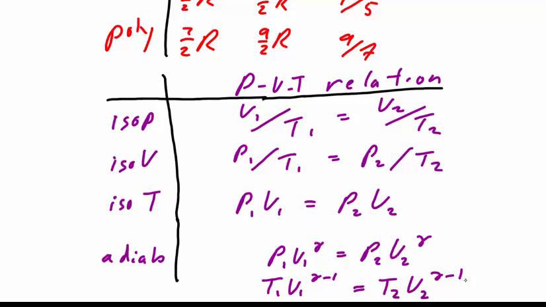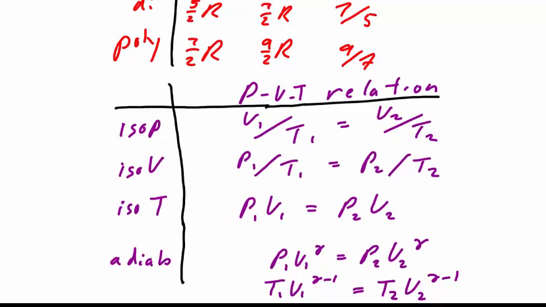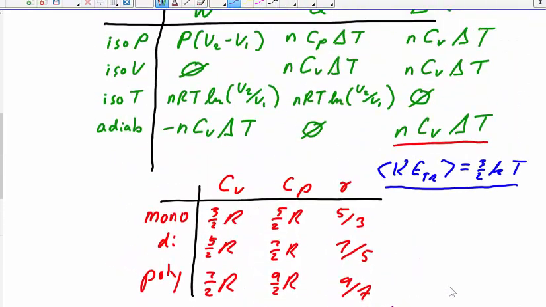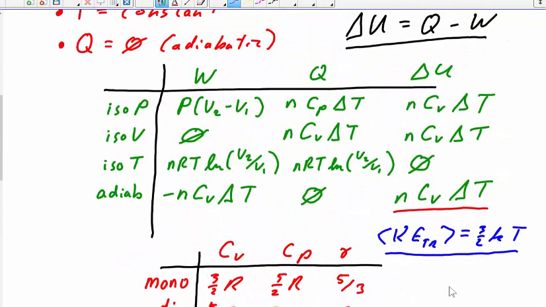These last relationships finish our study of, quote-unquote, the table, which is in fact 3 tables. Let's review very briefly. The table tells us for each of the processes, constant pressure, constant volume, constant temperature, and adiabatic, the 3 ingredients of the first law of thermodynamics: work, heat, and change in internal energy.